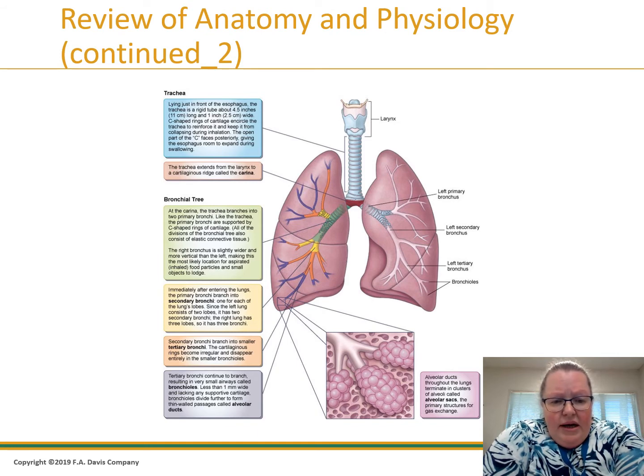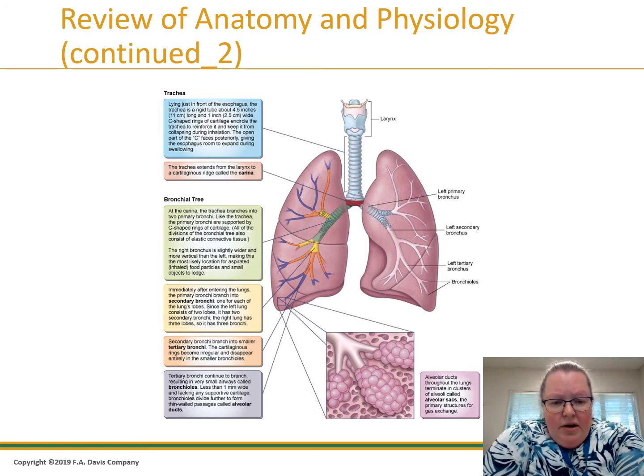Immediately after entering the lungs, the primary bronchi branch into the secondary bronchi, one for each of the lung lobes. Since the left lung consists of 2 lobes, it has 2 secondary bronchi. The right lung has 3 lobes, so it has 3 bronchi.